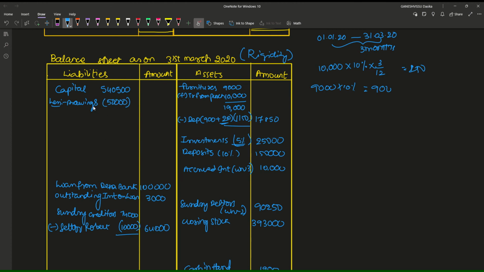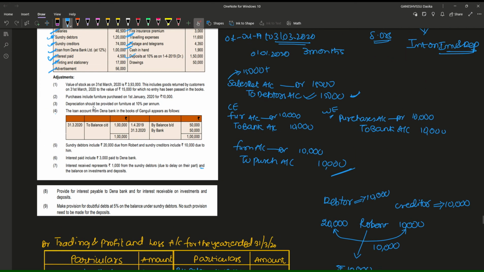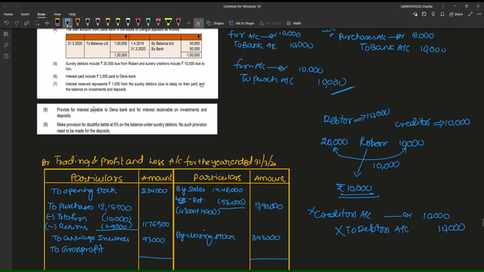That is what we need to deduct. And now we shall see if there is an adjustment missed out. We have taken this 15,000 value in the first thing. Purchases included, depreciation completed, loan completed, the set of adjustments completed, 3,000 completed, 1,000, that is 7,250 adjustment completed. Provide for interest, no problem. Provision for doubtful debts at 5% is to be made, completed. Now we have taken all the things.